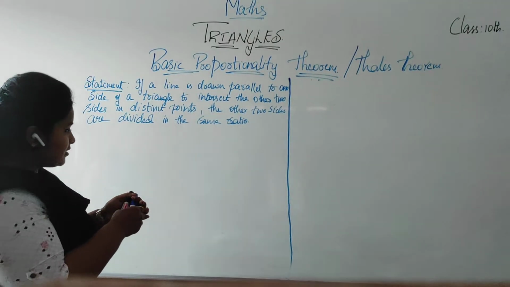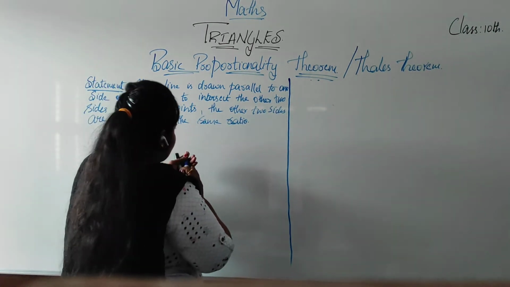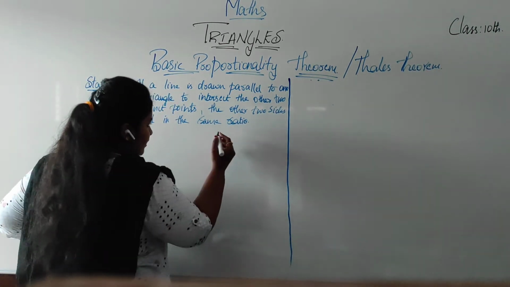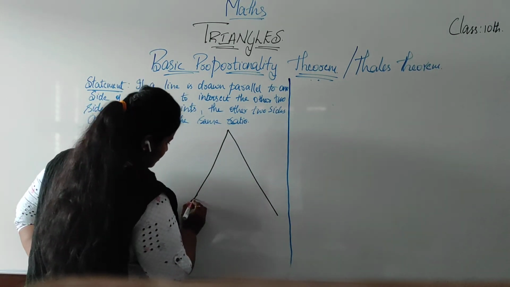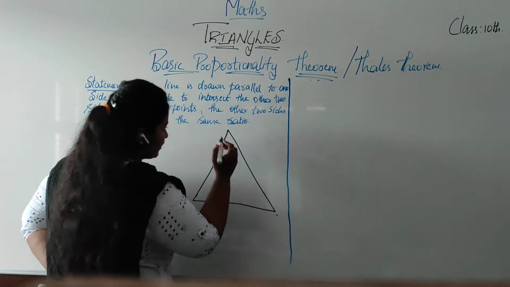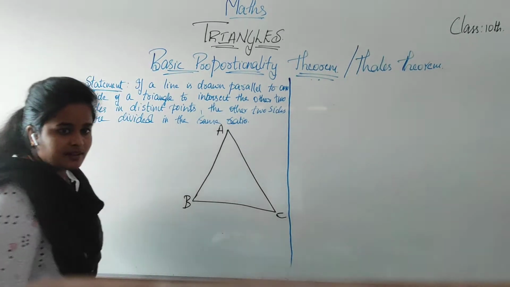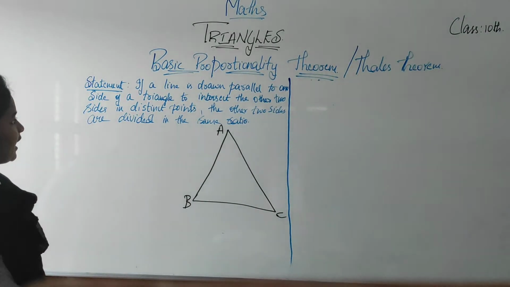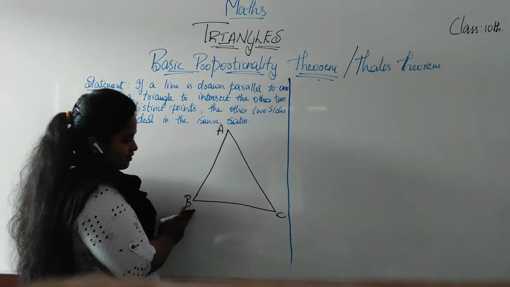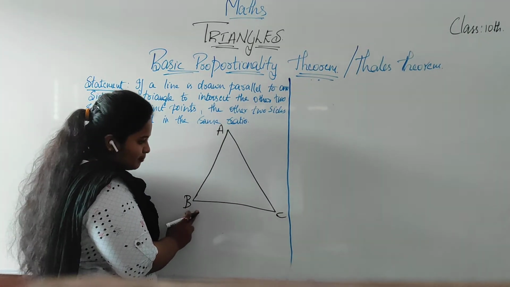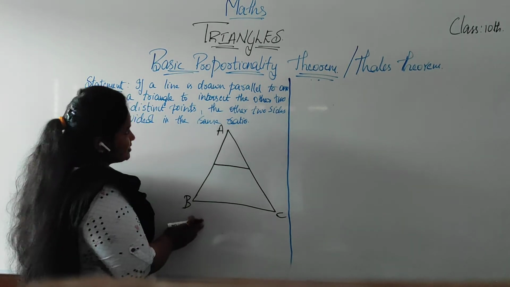It is nothing but, see, consider this as a triangle ABC. If a line is drawn parallel to one side of a triangle, consider this triangle ABC, and I draw one line parallel to BC.